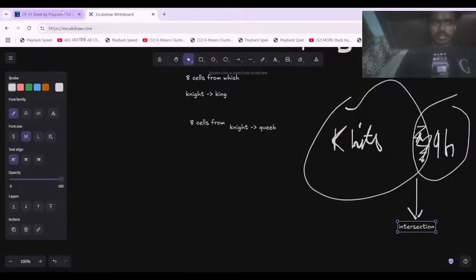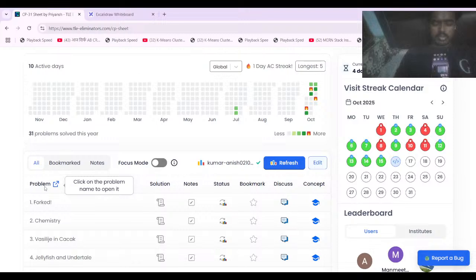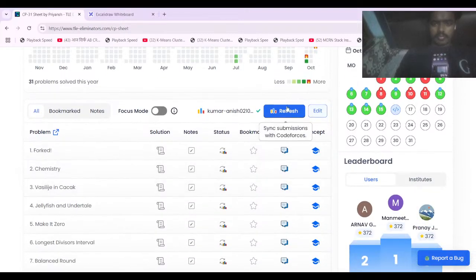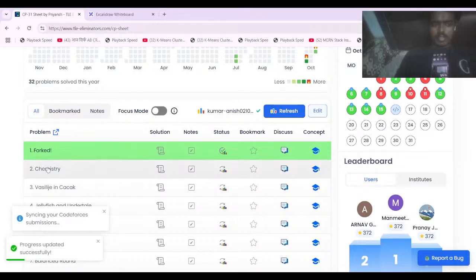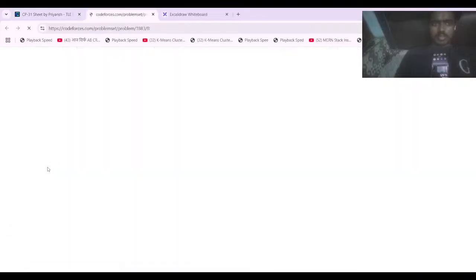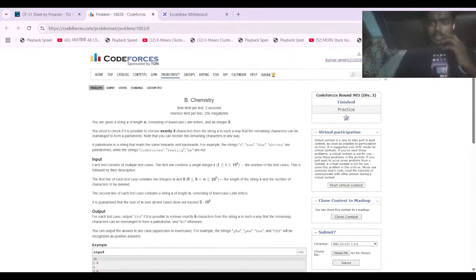राइट. So now this question is done. Now this question we are doing. So now we are seeing this question, chemistry.